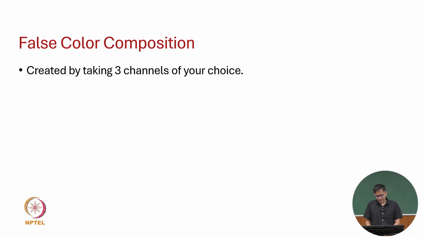So think about this as when you're visualizing on the computer: if we had filled these 3 channels with some other channels, so let's say we had filled them with a combination of NIR and green, won't we be able to see something?